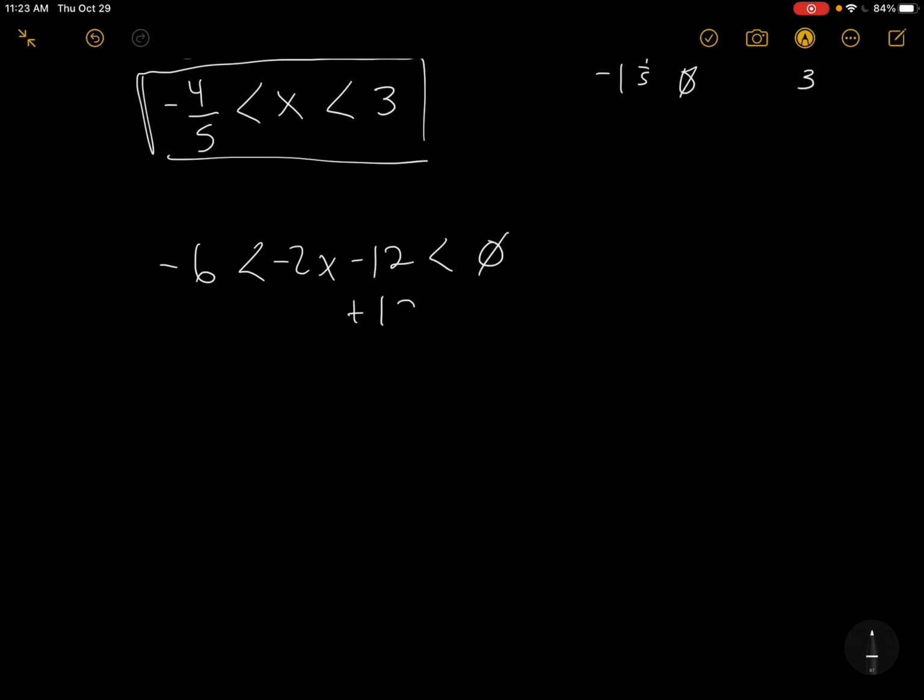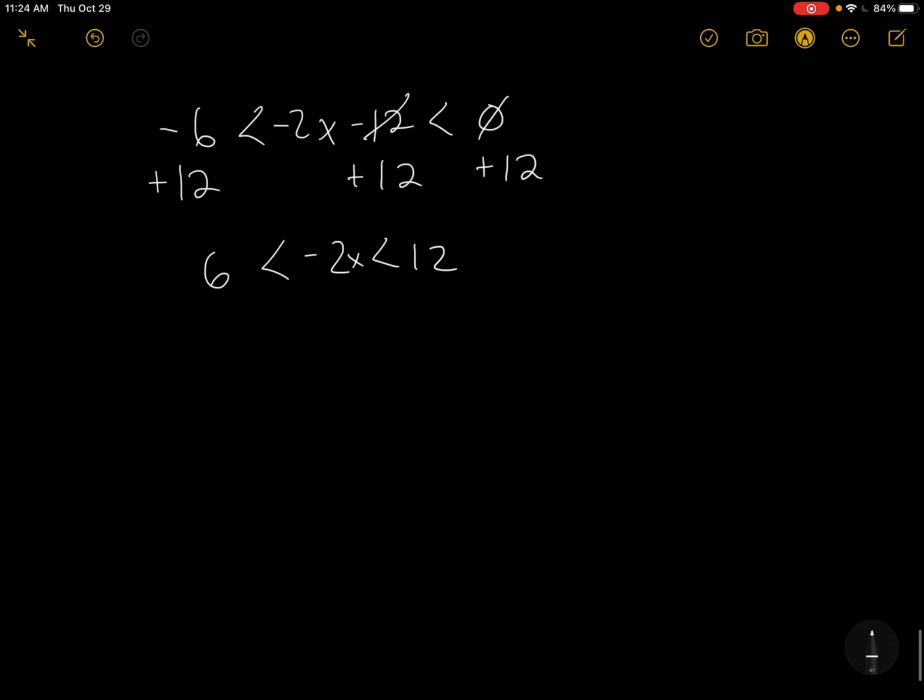Okay, I want to get rid of the 12, so I get -2x is greater than 6. Okay, I'm going to divide both sides by -2.